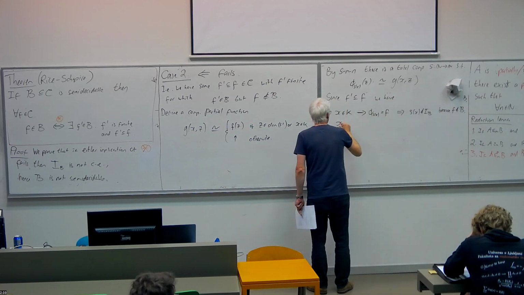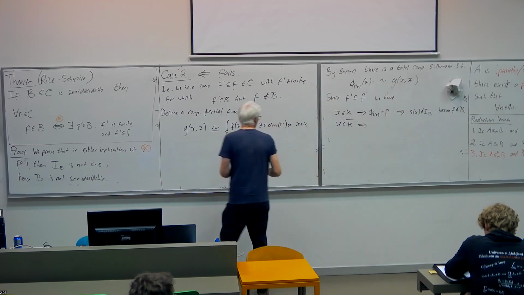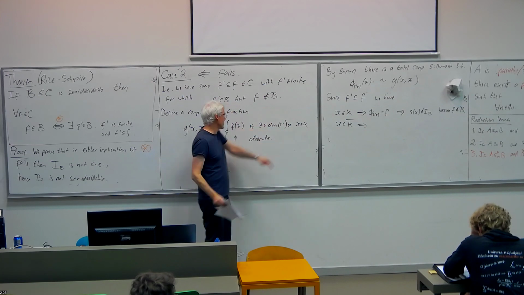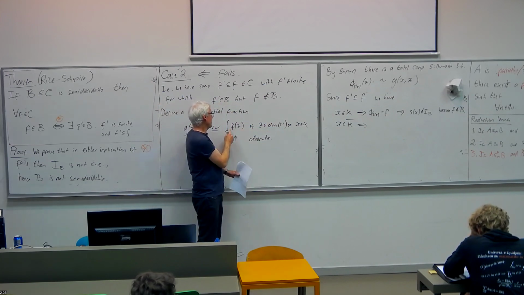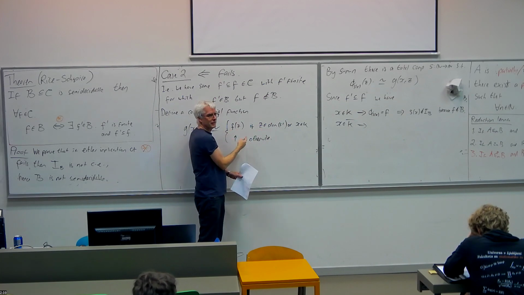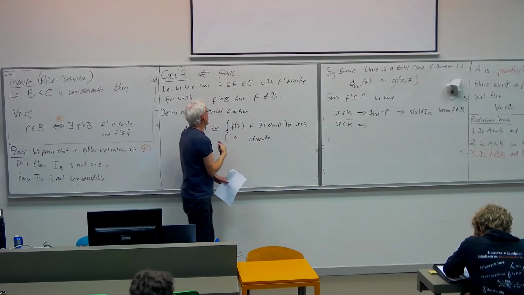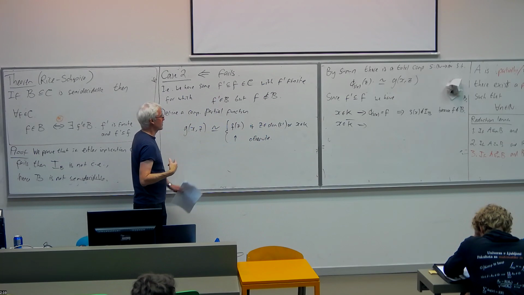If x is in the complement of K, what happens now? This part's never true. So for any z, we return f of z if z is in the domain of f prime. But if z is in the domain of f prime, then f prime of z equals f of z because f prime is a subfunction of f.